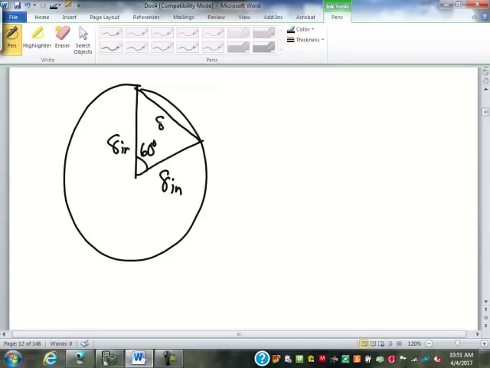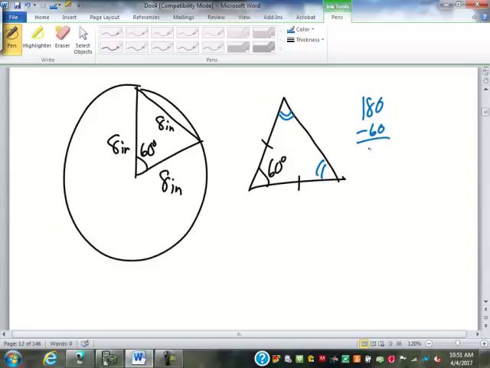How do you know it's 8 inches? If this is 60 degrees, these two are the same, which means these two angles have to be the same. 180 minus 60 leaves you with 120. Divided by 2 gives each of those 60 degrees. So since all the angles are 60 degrees, all the sides have to be the same.